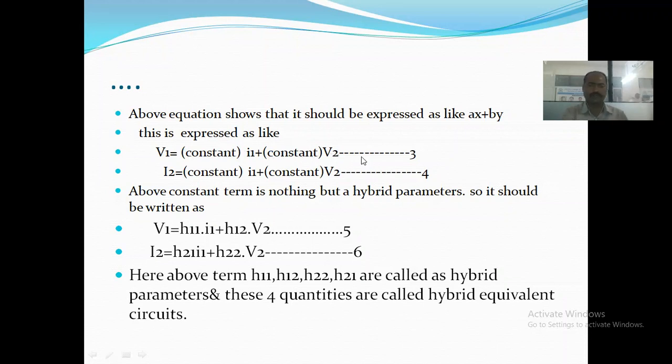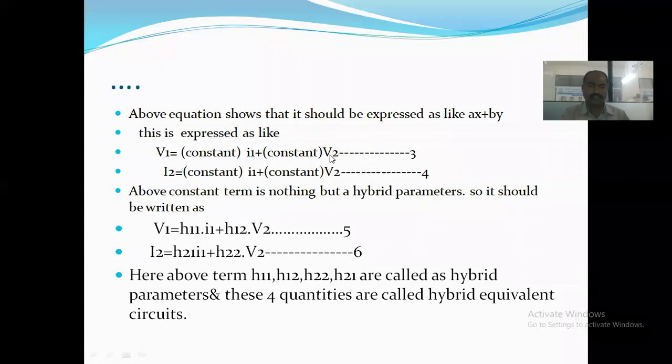The other equation is I2 equal to, for which we use other terms. This one is related to the input and this one to the output. Input related, that's why we have used H1. H11 is 11 because it is input related, hence H1, and current related, hence 1, that's why H11.